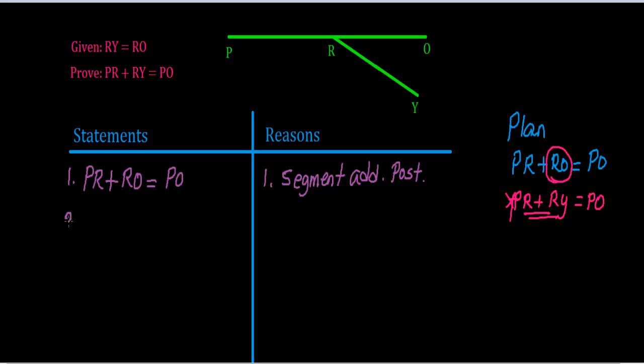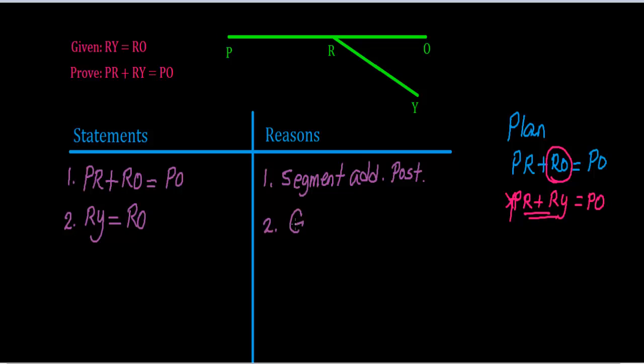For statement number two, now that given statement comes in handy because I notice that I can make a substitution here with RO and just write RY instead of RO. But before I can make the substitution, I need to show the given statement in this statement column. So RY is equal to RO. And what is a valid reason for this statement?